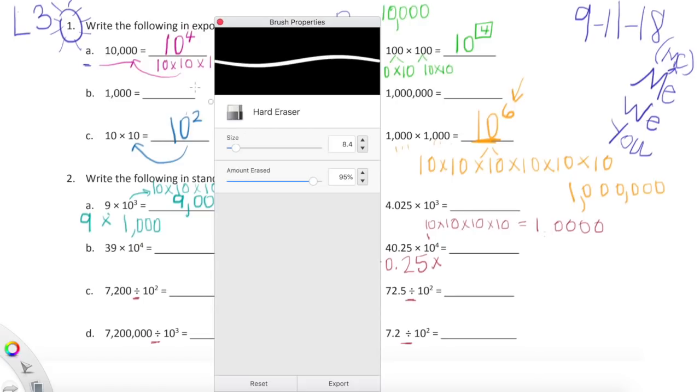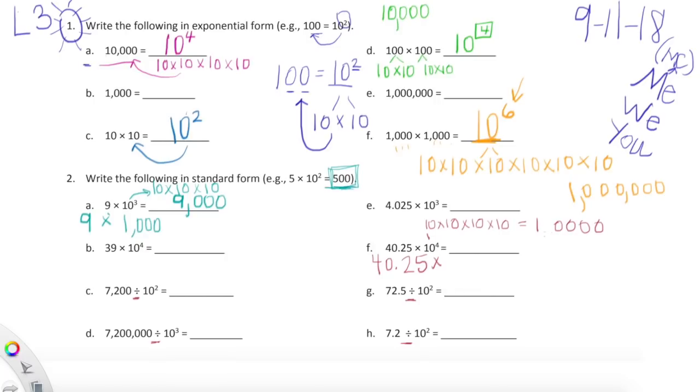A 1 with 1, 2, 3, 4 zeros hanging after it is going to be 10,000. So what we're doing here, you guys, is 40.25 times 10,000.